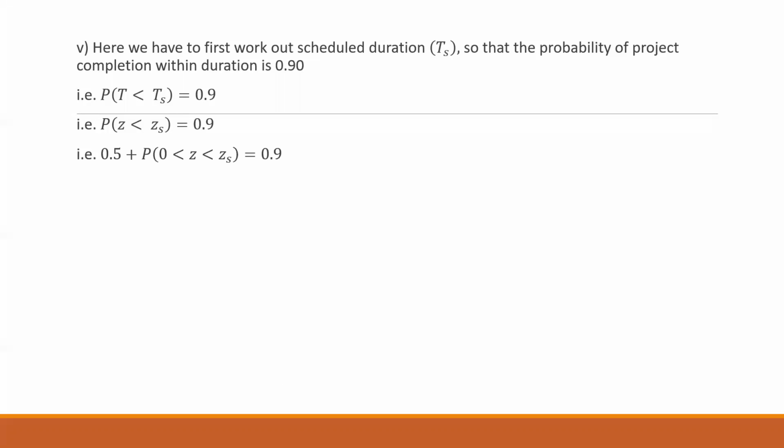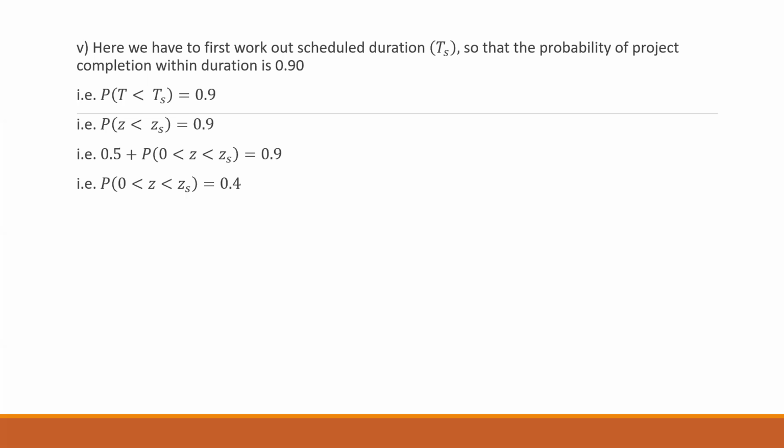So we write this as 0.5 plus P into bracket 0 less than Z less than ZS equal to 0.9. Taking 0.5 to the other side, we get P into bracket 0 less than Z less than ZS equal to 0.4 after performing the subtraction.